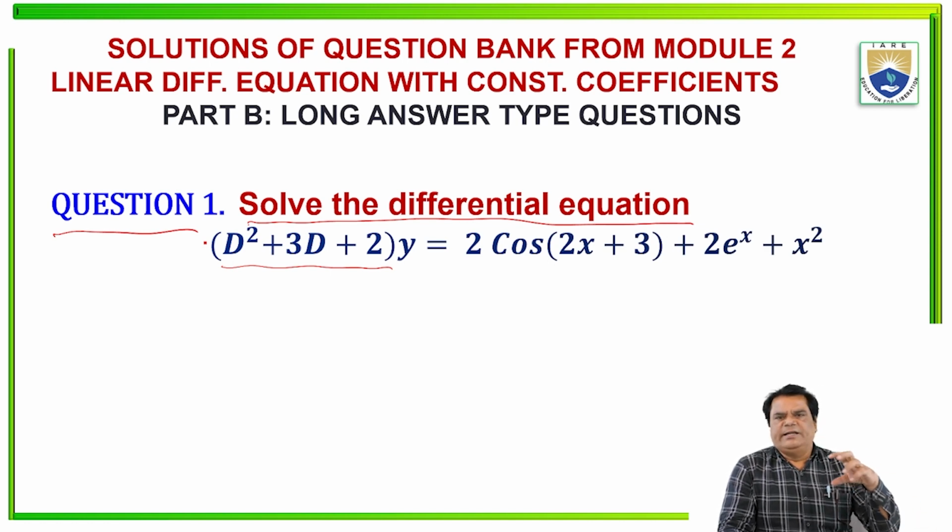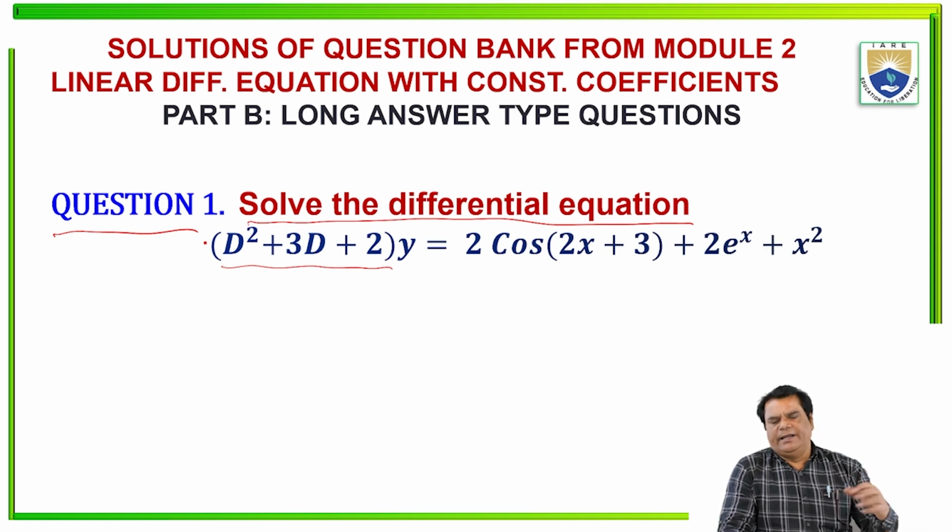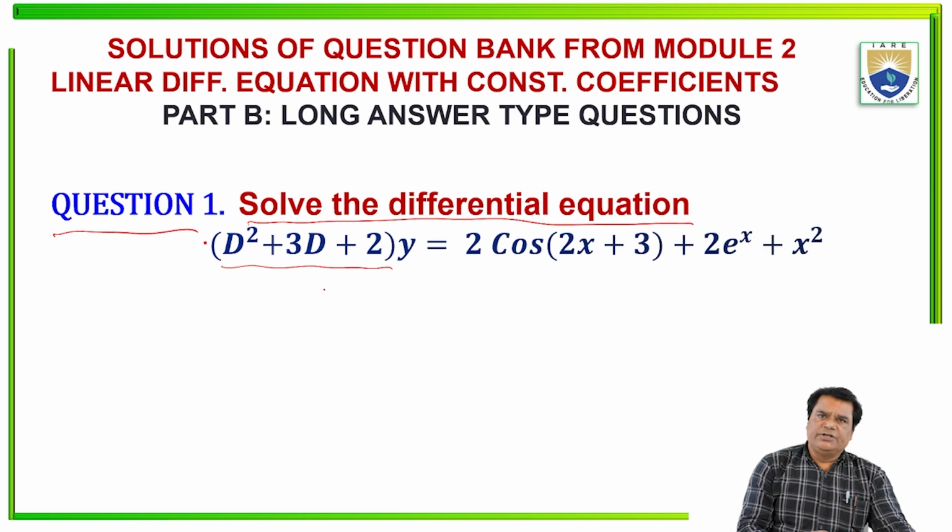First of all, we find the complementary function of the given differential equation, and second, we find the particular integral. After finding both solutions, we add them. After adding, we get the complete solution.